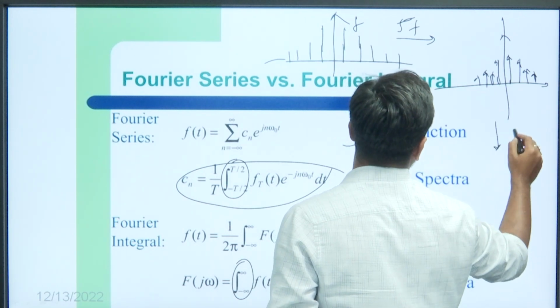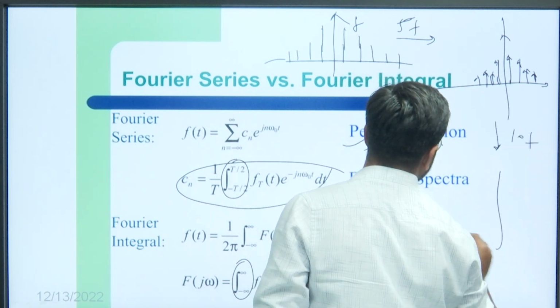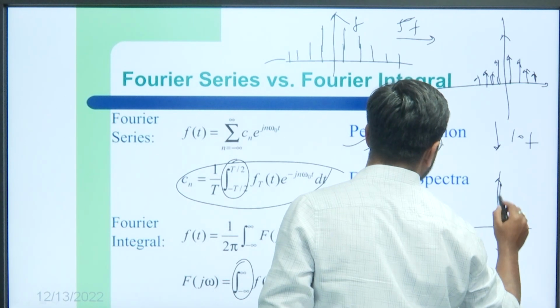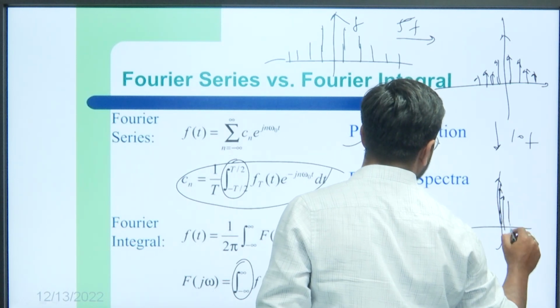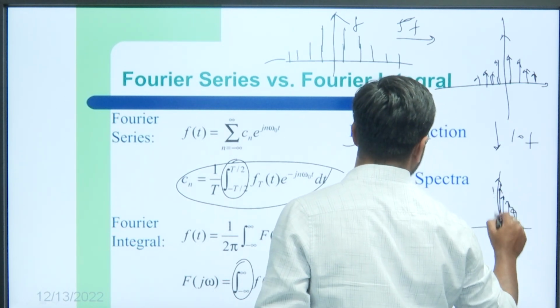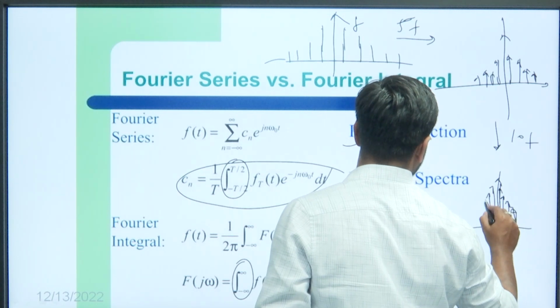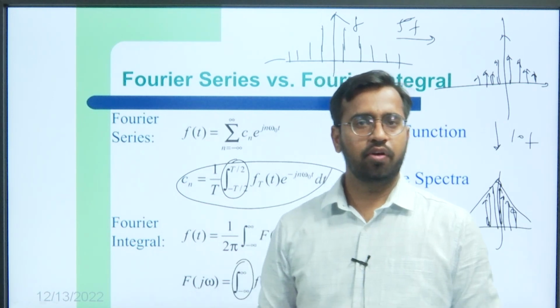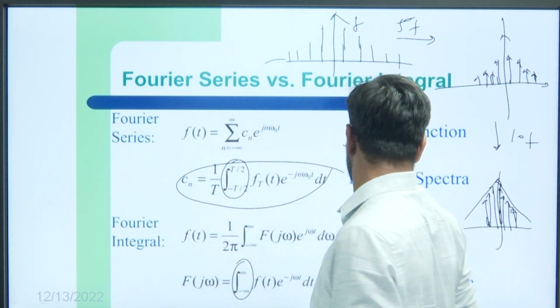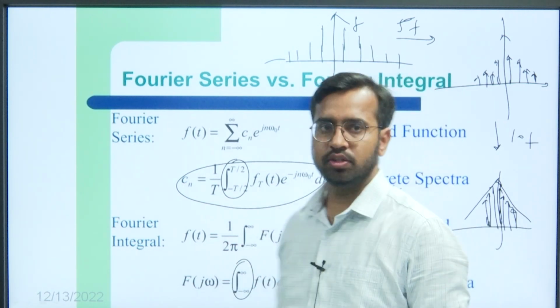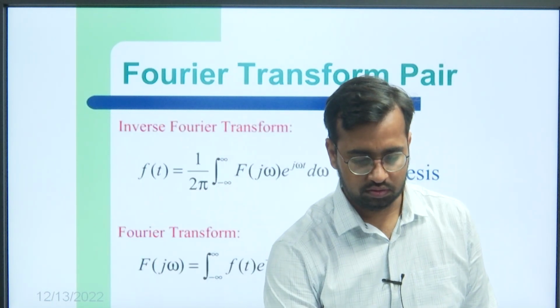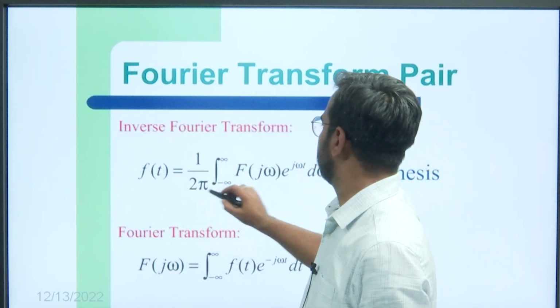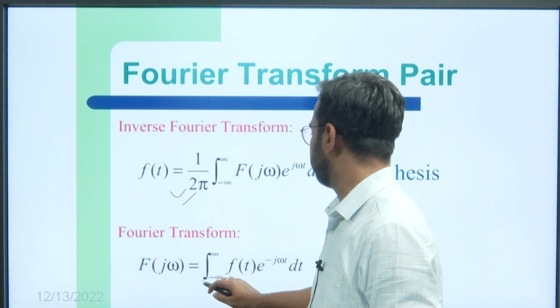Again, if you increase the frequency to 10f, it will be like this. If you keep increasing the frequency, it will look like a continuous spectrum. The same thing is here also. So this is what we have derived now.